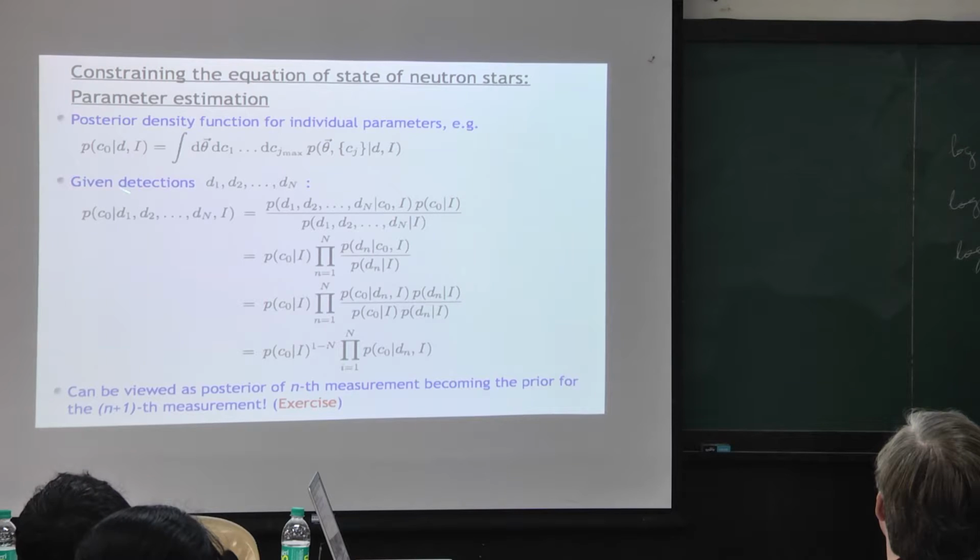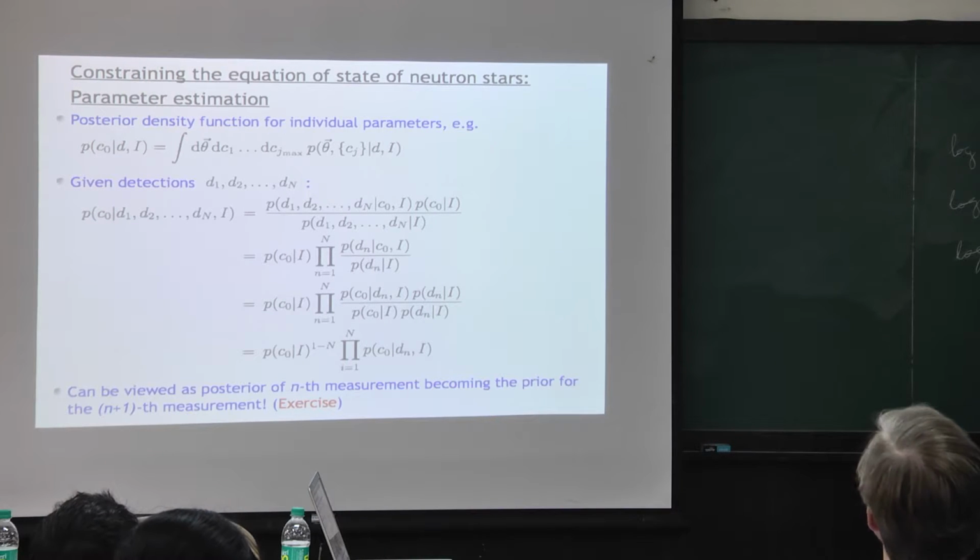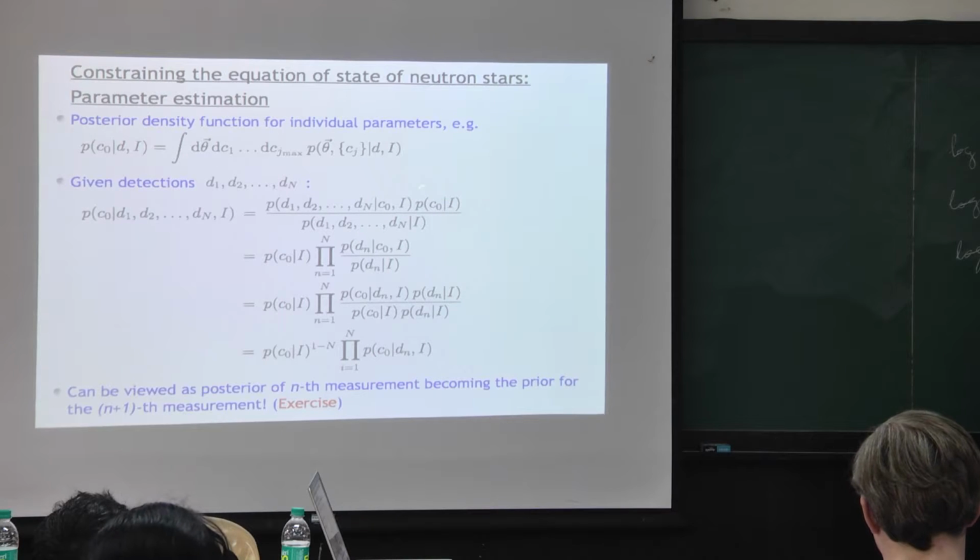Now, given multiple detections, what I actually have is a posterior density function for C0, given all these detections in the bin. I can use Bayes' theorem, of course, so then I get a combined likelihood for all of these detections times the prior on C0 divided by essentially an evidence.